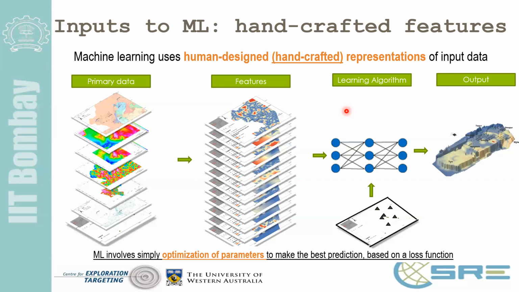The machine is simply learning the parameters of the model. So it's just trying to optimize the parameters to make the best predictions, and that's based on some kind of loss function that we can use. So this is the basic issue. The machine is not learning anything, although we are calling it machine learning, basically.